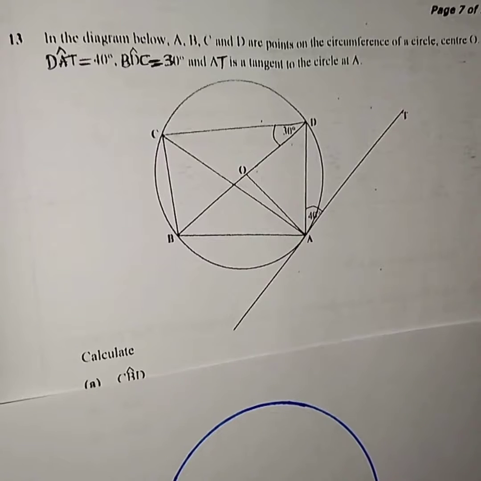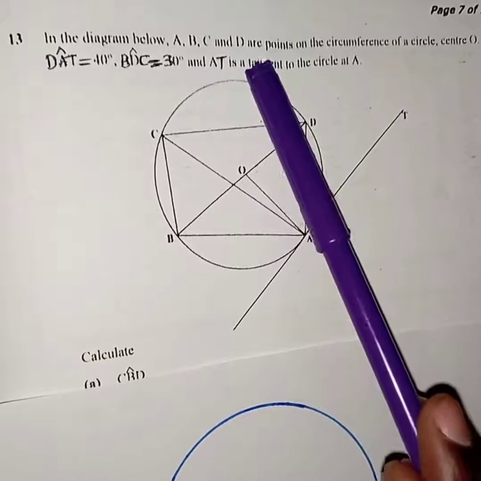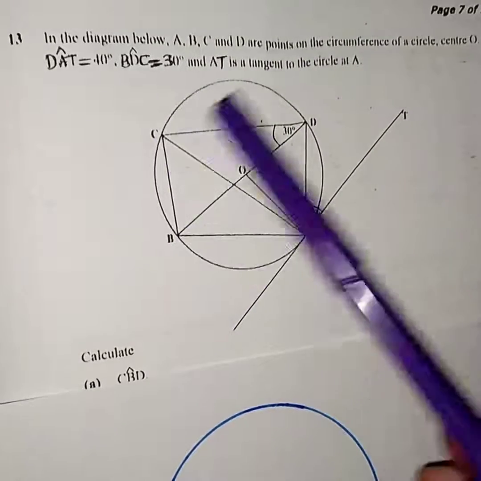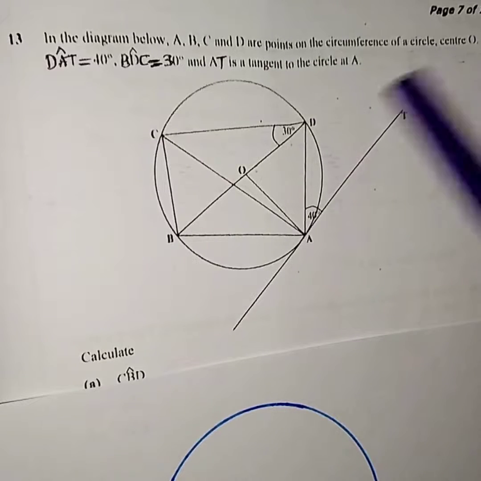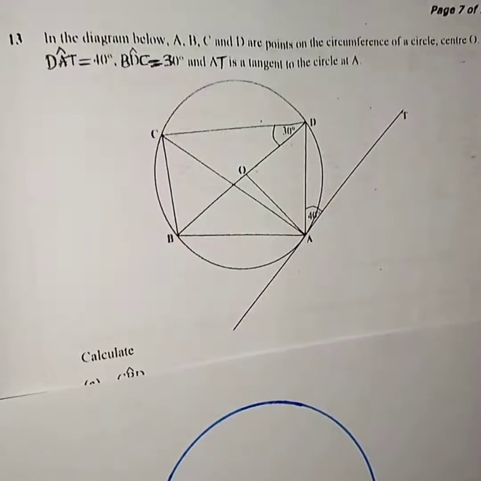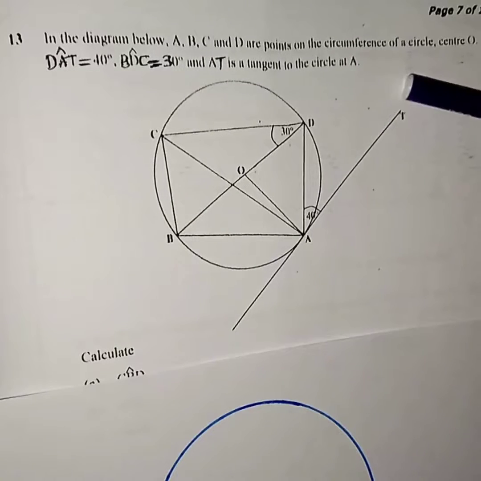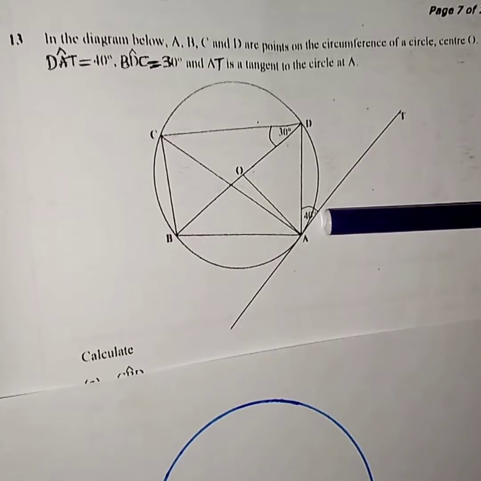We continue. This is question 13. This is a question under circle theorem. In the diagram below, A, B, C, and D are points on the circumference of a circle centered O. Angle DAT is 40 degrees.